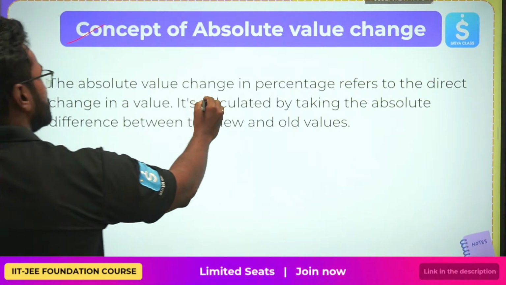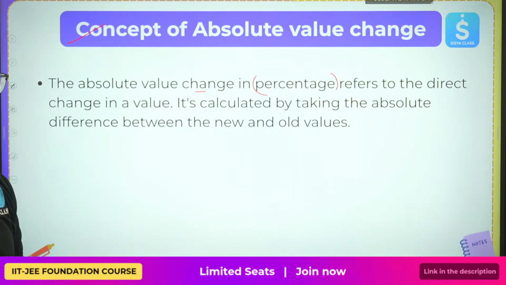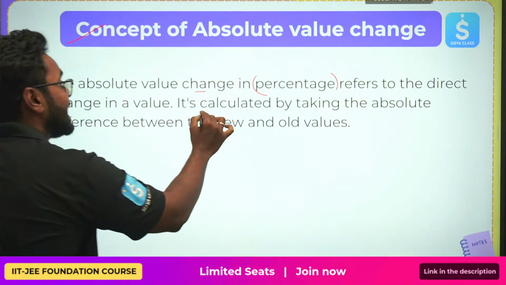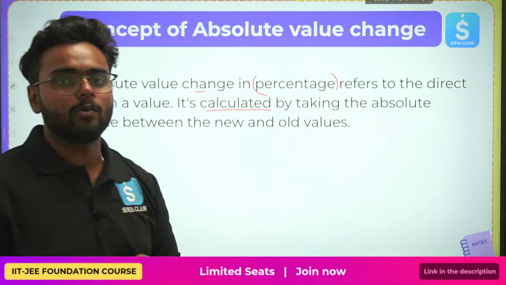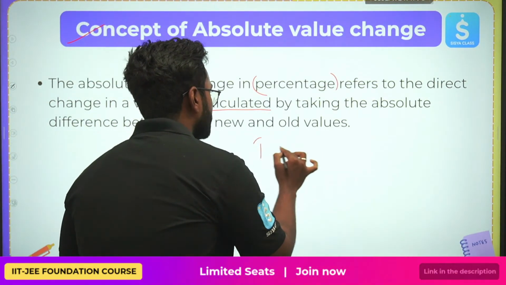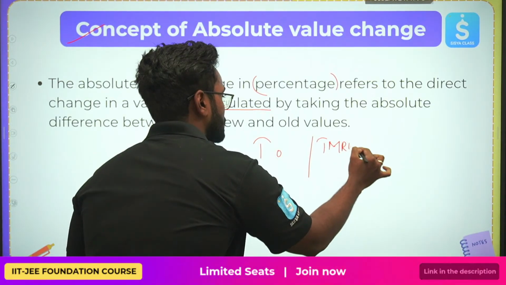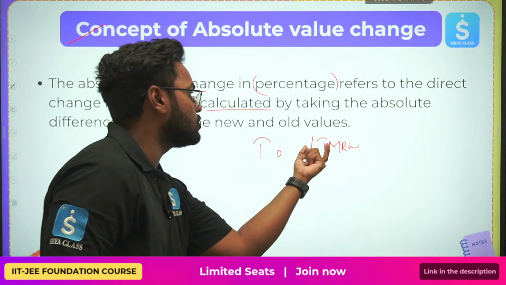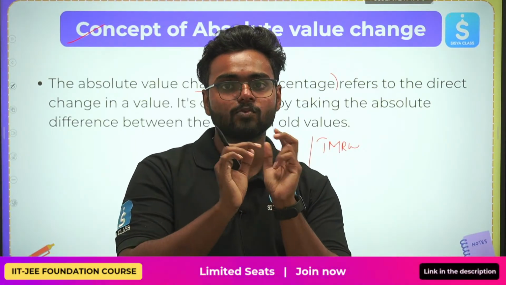The absolute value change refers to the direct change in the value. It is calculated by taking the absolute difference between the new and old values. This is one of the concepts.